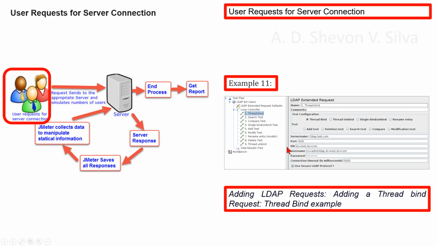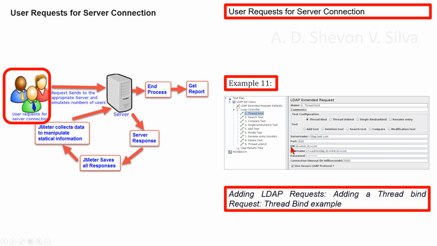Step 5, optional: enter the base DN in the DN field. This base DN will be used as the starting point for searches, add, delete, etc. Take care that this must be the uppermost shared level for all your requests.